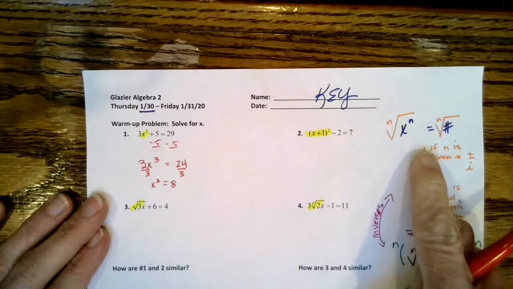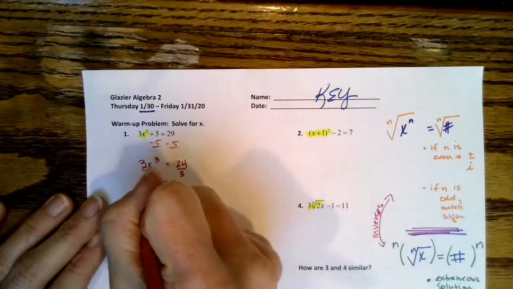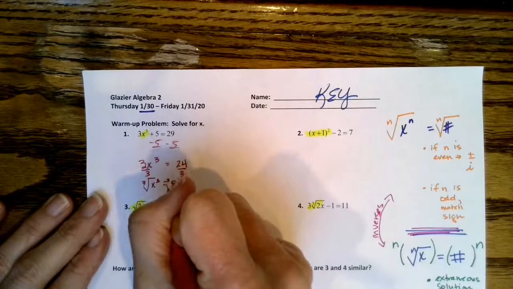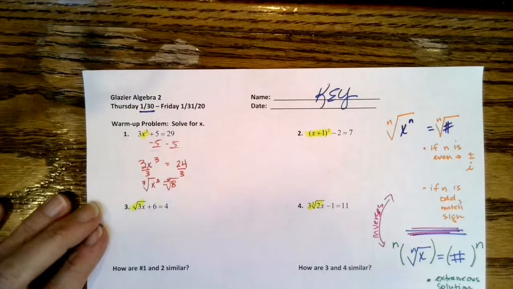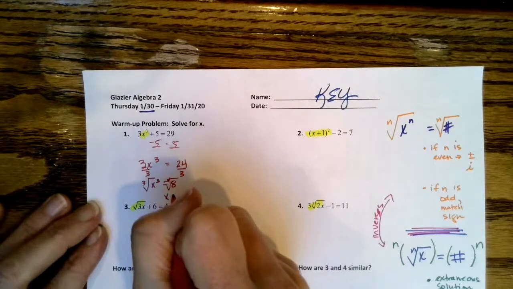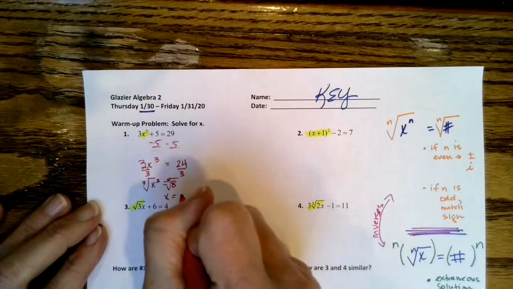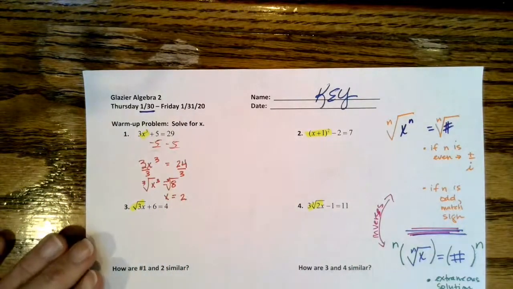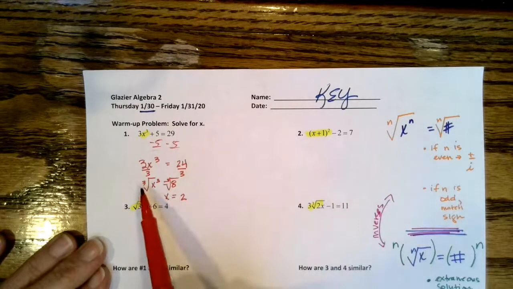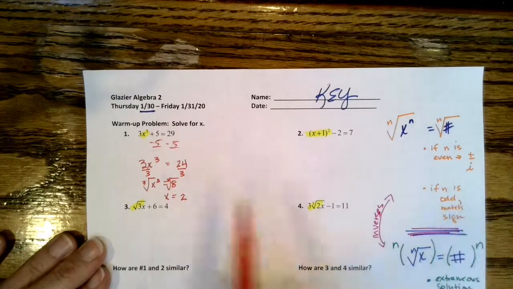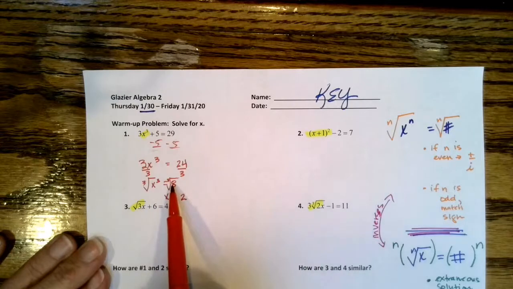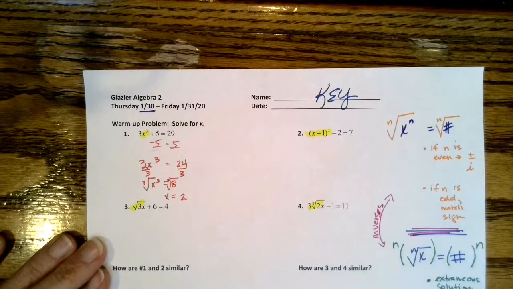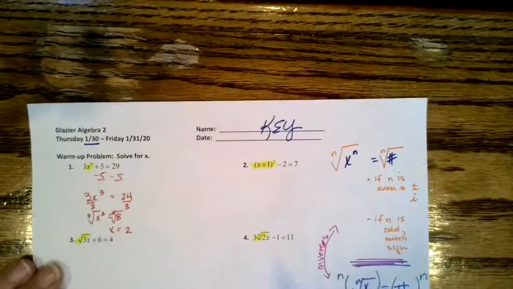I'm going to take the cube root of each side, recognizing that then x is equal to 2. I don't have to worry about a plus or minus because my index is odd. So if this was a positive, so is this. If that were negative, so would that be negative. All right, let's take a look at our second problem.